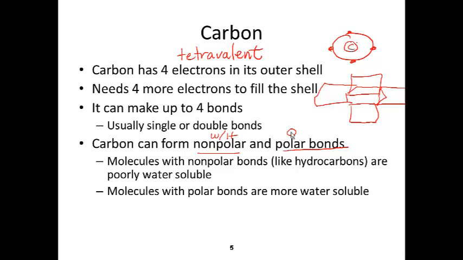And so as you start to mix and match nonpolar and polar bonds, we can create molecules that are amphipathic. We can create molecules that have a variety of properties in relation to water and its ability to interact with that water.